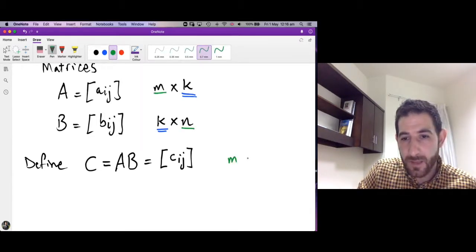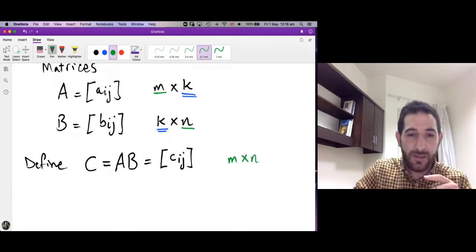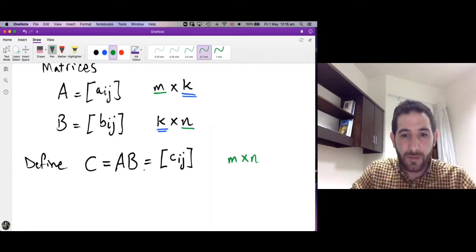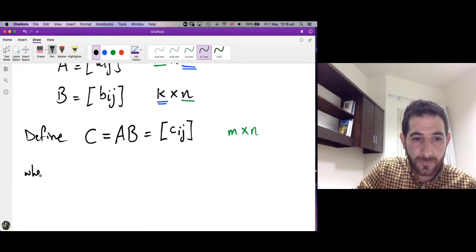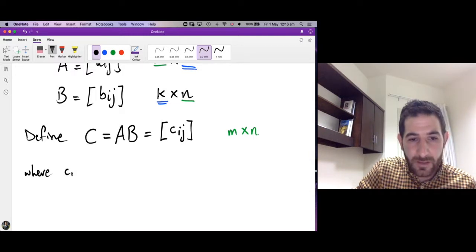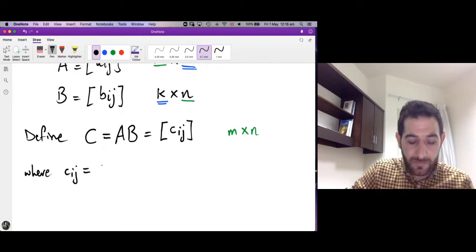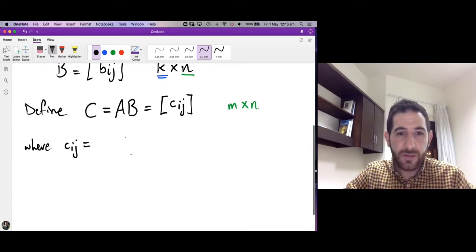Okay, it remains to tell you what Cij is, the entry in C in the ith row and jth column. But before I tell you, I want to explain it in a diagram.